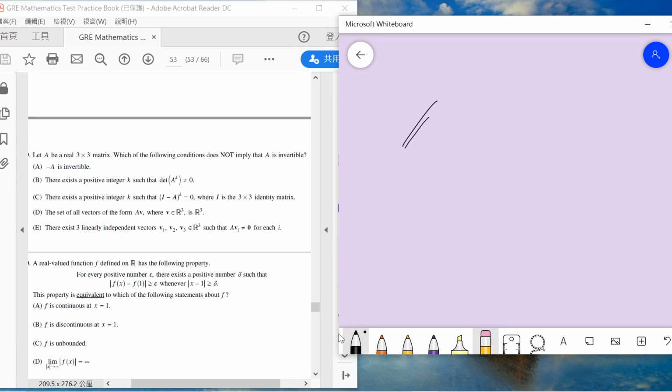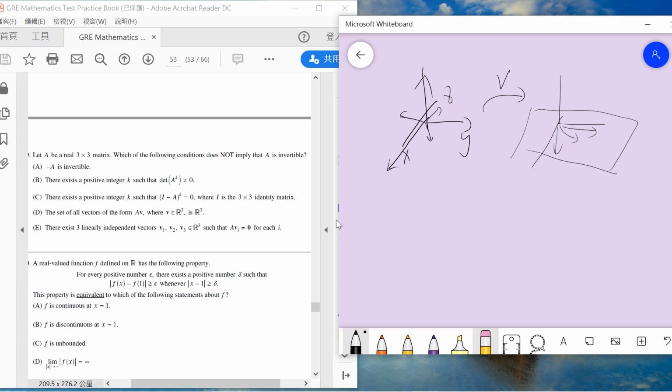Basically, you can see that suppose you have x, y, z, some linearly independent vectors, and you just need to come up with a map such that all 3 images are non-zero, but it only has a dimension 2 or dimension 1 range, so that A is non-invertible.